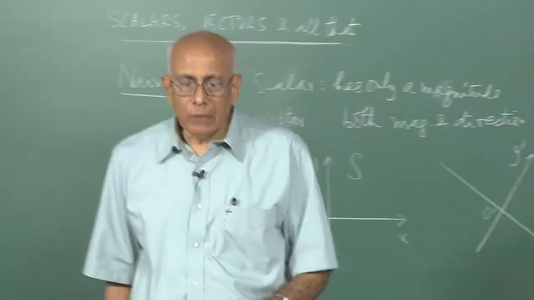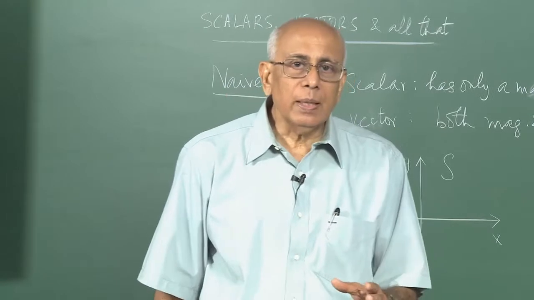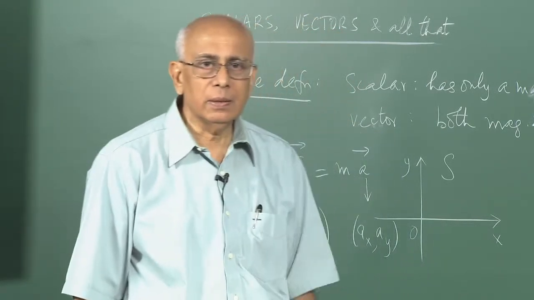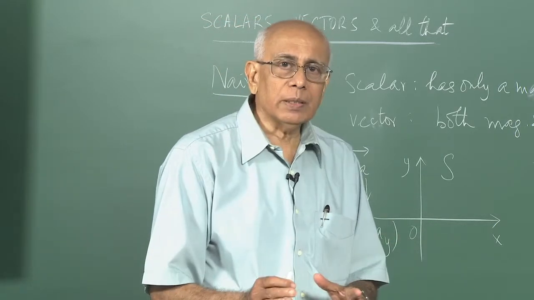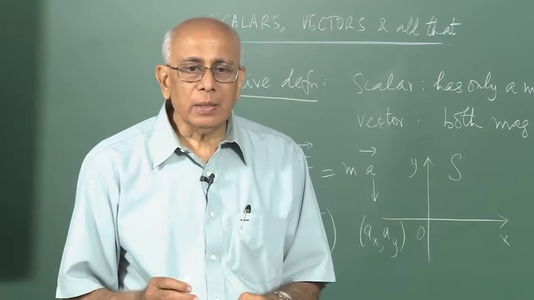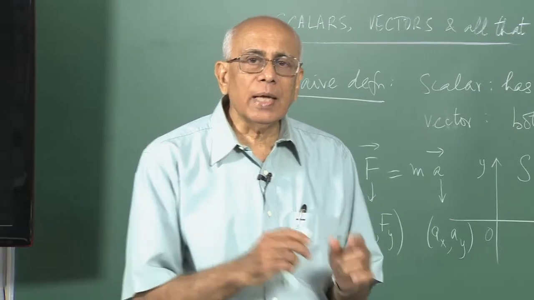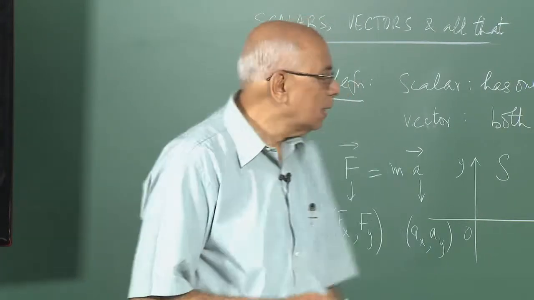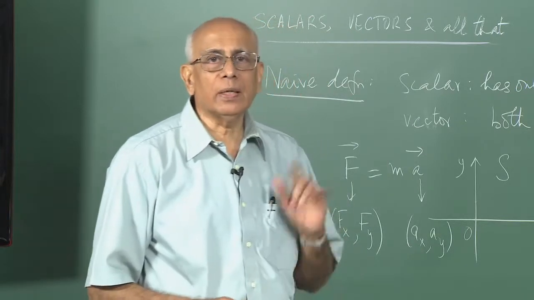In other words, if you want the physical law to be form invariant under a coordinate transformation, you must express them in terms of quantities whose transformation law is known, is prescribed once and for all, and such quantities are called covariant quantities.